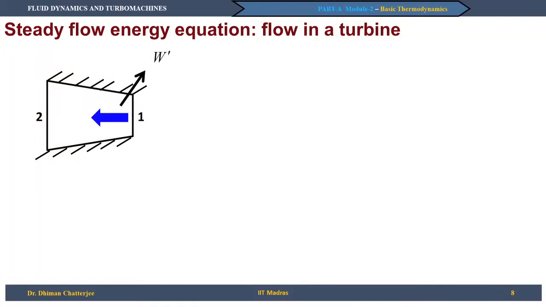Here again we are taking the turbine to be insulated, which means that Q prime equals 0. Please note that the heat transfer in turbines may be present, but it is not significant. So, I am taking it to be 0, and in most applications this is a fair assumption.